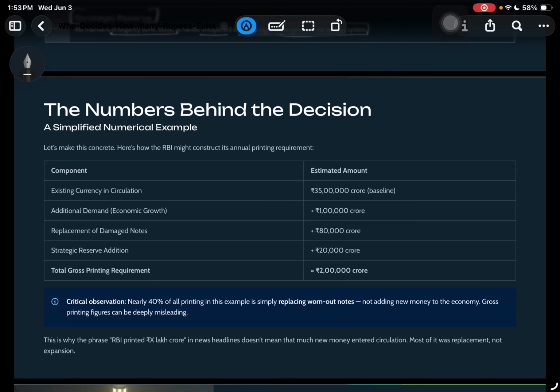Now, let's talk in number terms. Existing currency in circulation, that is the currency that is already flowing through the economy. This is the number. Additional demand is dependent again on economic growth.